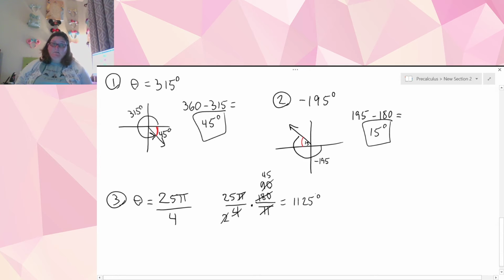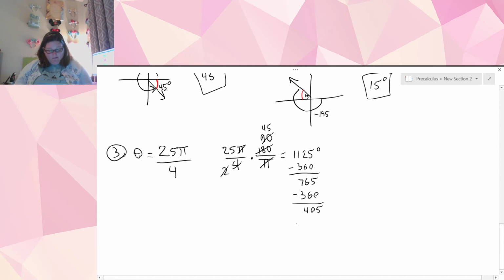That's a really big angle, and that makes no sense to me still. So I'm going to subtract 360 from it until it gets down to a number that I can understand. 1125 minus 360 is 765. I still can't make sense of that, so I'm going to subtract 360 again, and I get 405. I subtract 360 again, and I get 45.